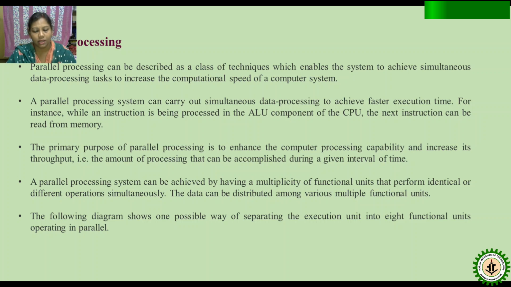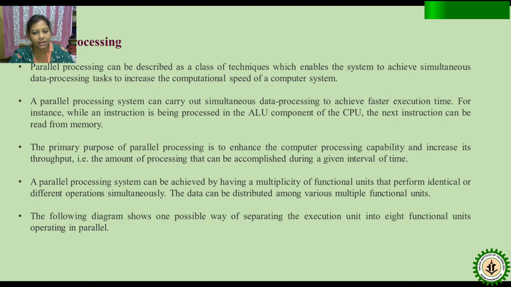In our system there are different functional units. If we increase the number of functional units, suppose there is one adder unit, you can perform only one addition per operation in a single instance. But if you increase the number of adders, suppose there are 10 adders, then 10 addition operations are performed in a single instance of time.